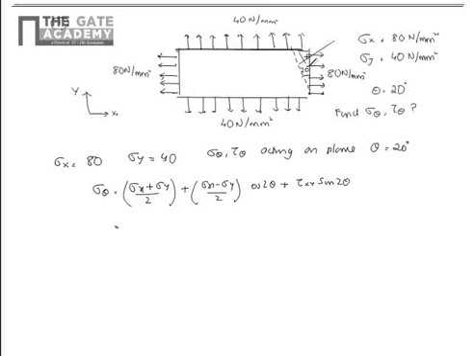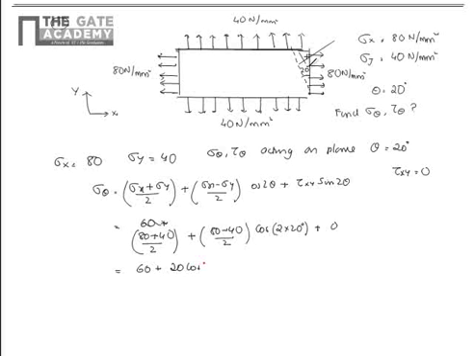So this will be given by (80 plus 40) by 2, that is 60, plus (80 minus 40) by 2 into cos of 2 into 20 degree, plus tau xy. What is tau xy? Tau xy is equal to 0 for this loading condition. So this will be equal to 80 plus 40 is 120 by 2 is 60, plus 80 minus 40 is 40 by 2, 20 cos 40 degree.